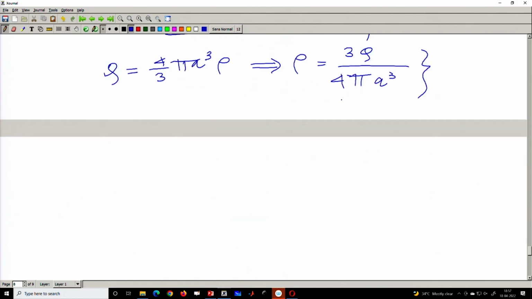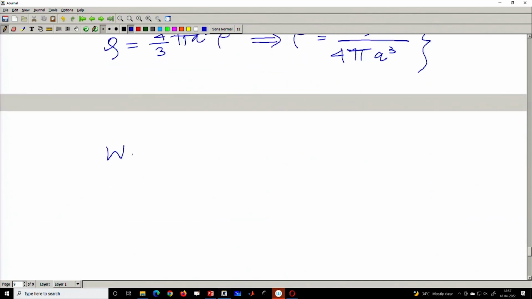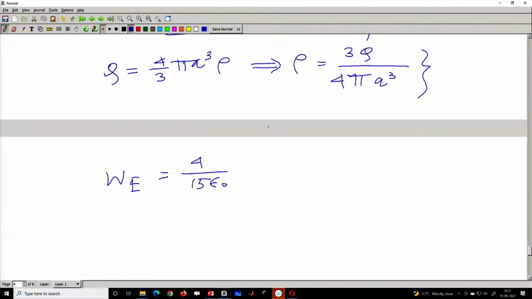Now I put this rho in the equation, and then W E will be simply 4 divided by 15 epsilon 0 and we have rho square, that means the square of this quantity. So, that becomes 9 q square divided by 16 pi square, then a to the power of 6, and already a to the power 5 is sitting here.